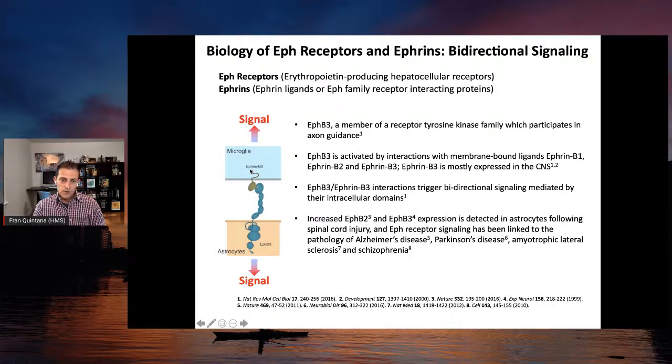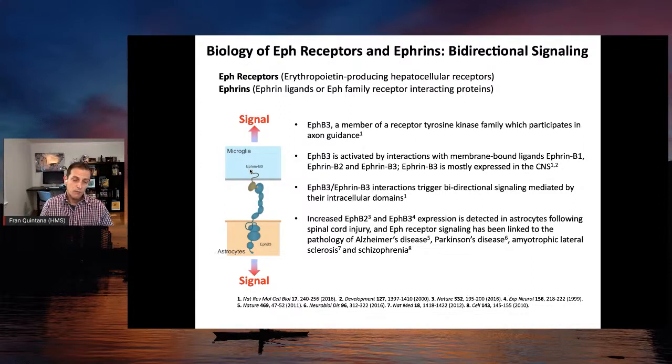In other words, when you have an interaction between astrocytes and microglia via EphB3 and ephrin B3, both cells involved are likely to change their phenotypes, because in both cells, you're going to trigger intracellular signaling. In astrocytes, via the tyrosine kinase domain, and in microglia, via less characterized signaling pathways.